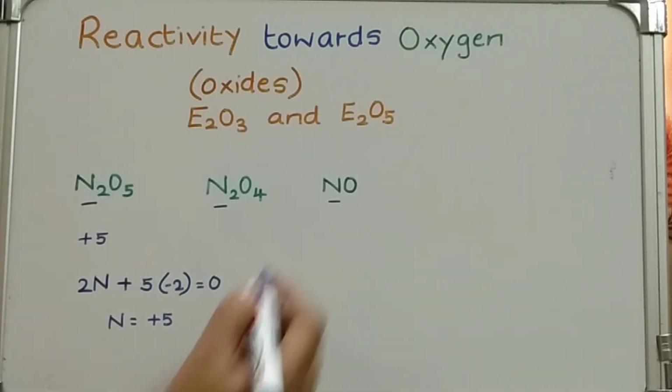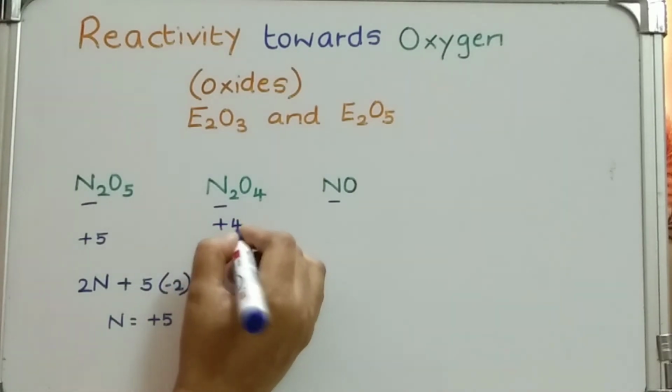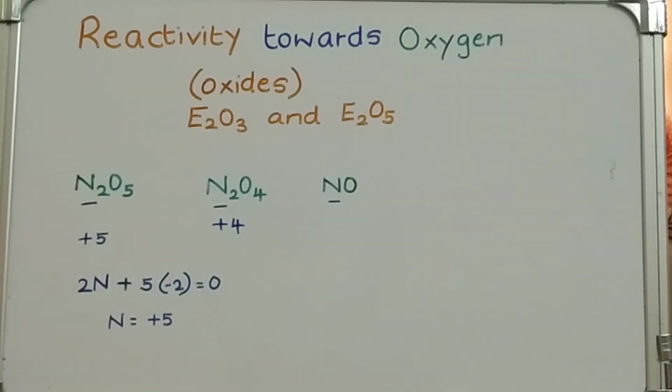N2O4, that will be +4. Calculate this the same way. And NO is +2. Now among these, which is more acidic in nature? As I told you, the higher the oxidation state, the more acidic the nature.